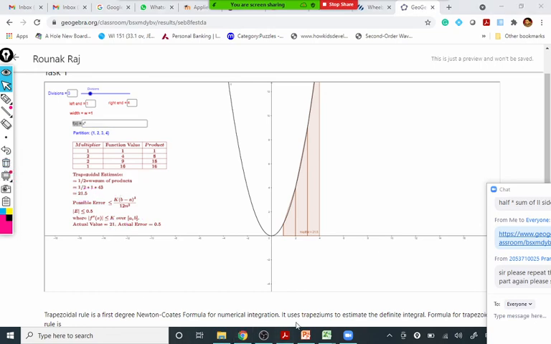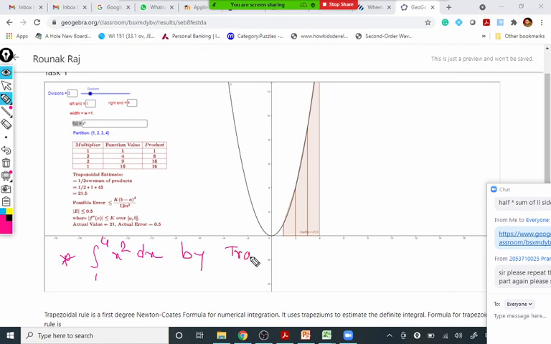Suppose this question comes like this. I'm writing a question first. Evaluate integration 1 to 4 of x square dx by the trapezoidal rule.